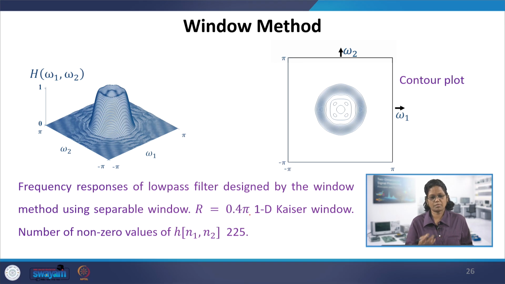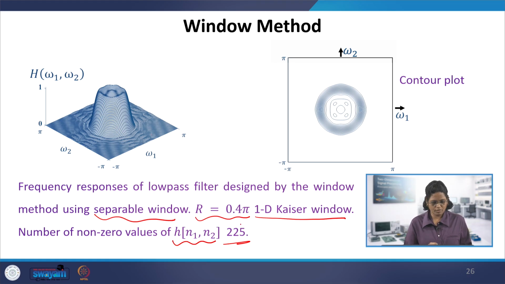Then multiply that with the window function, two 1D Kaiser windows, which has a cutoff frequency of 0.45, that is a low pass filter design. The h of n1 comma n2 in this case is a separable window which has 225 non-zero samples for the design. This is the plot which is shown. I'll show you the design also.